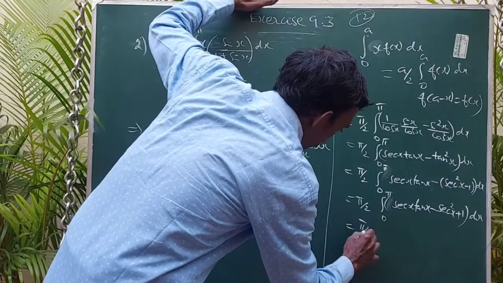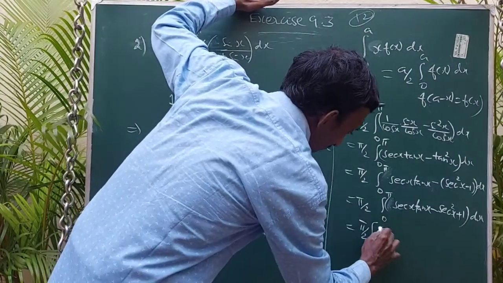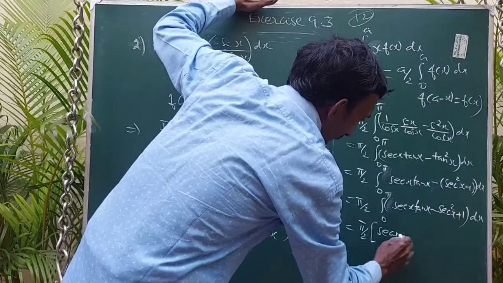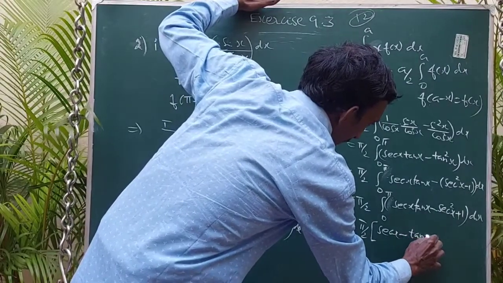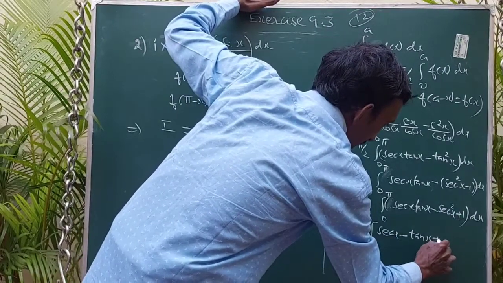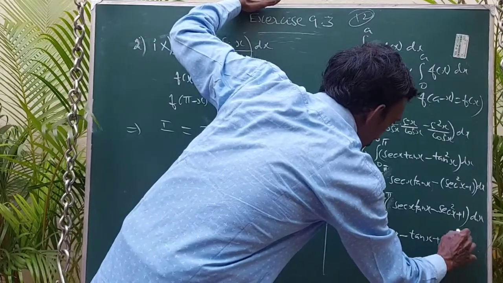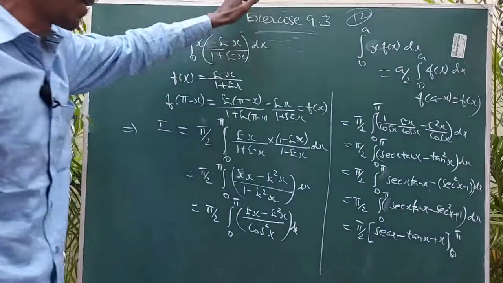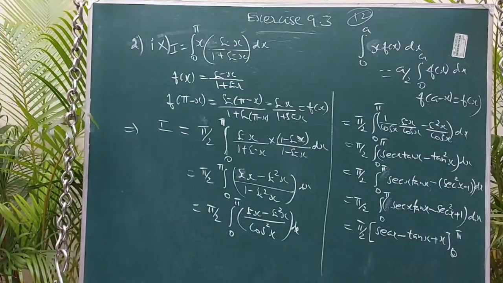So pi by 2 into integration of secant x tan x is secant x, integration of secant square x is tan x, and integration of dx is x, limits 0 to pi. Now put the upper limit minus lower limit.